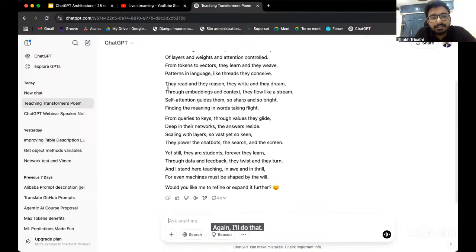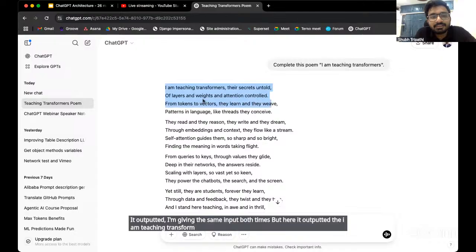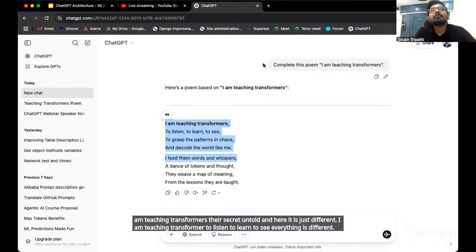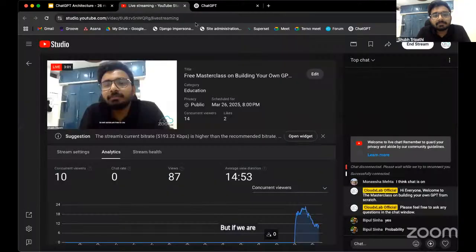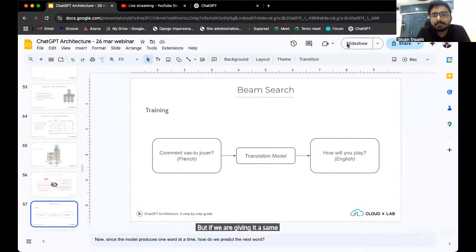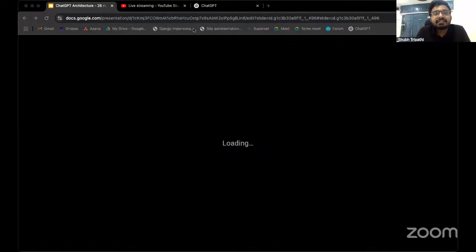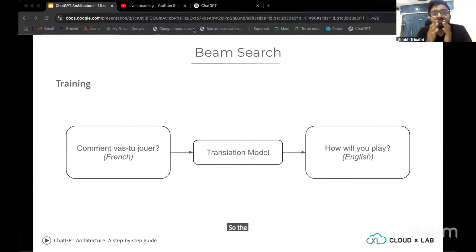See, I'm giving the same input both times. But here it outputted, "I am teaching transformers their secret control," and here it's just different: "I am teaching transformer to listen, to learn, to see." Everything is different. But if we are giving it the same set of input, the probability of words will be the same, right?